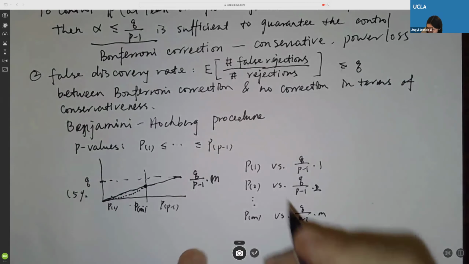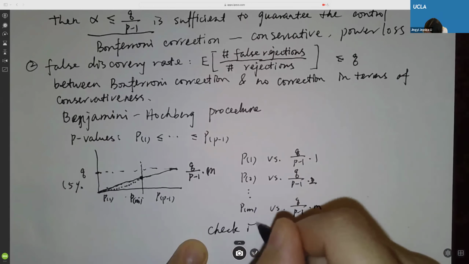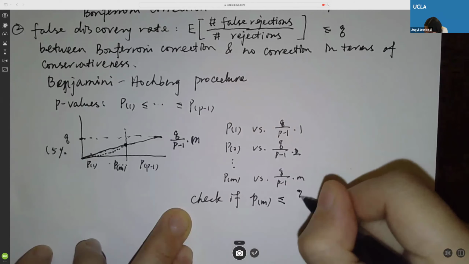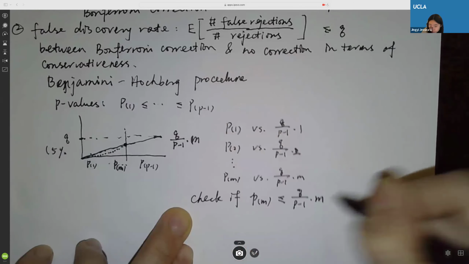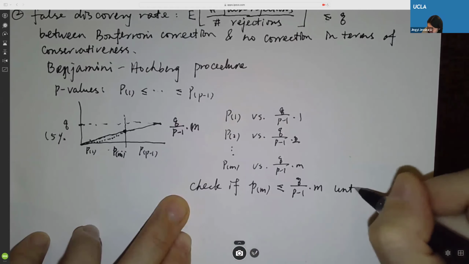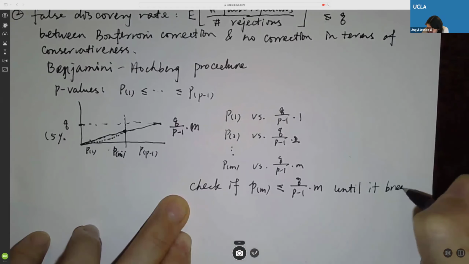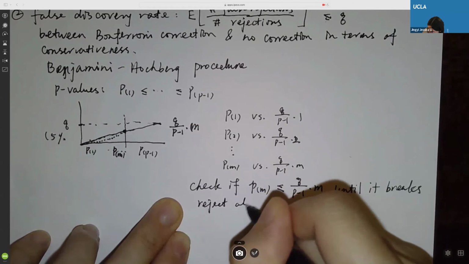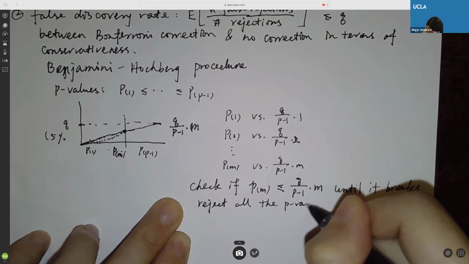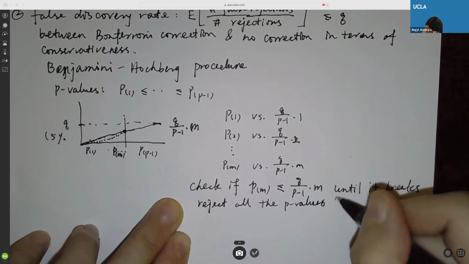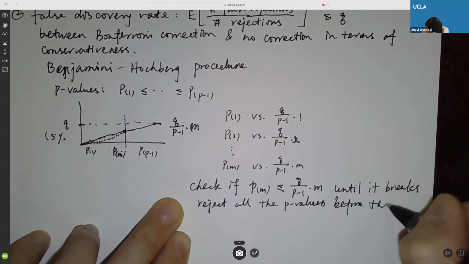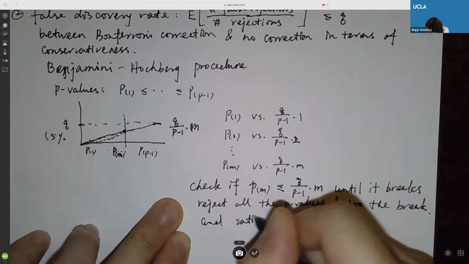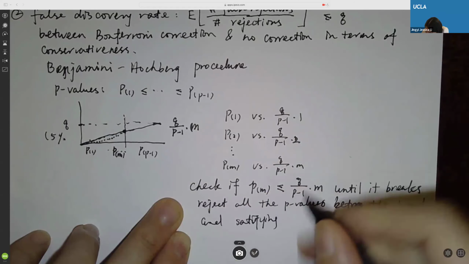That's it. So basically, we check if the mth p-value is less or equal than Q divided by P minus 1 times M until it breaks. Then we reject all the p-values before the break that satisfy the inequalities.